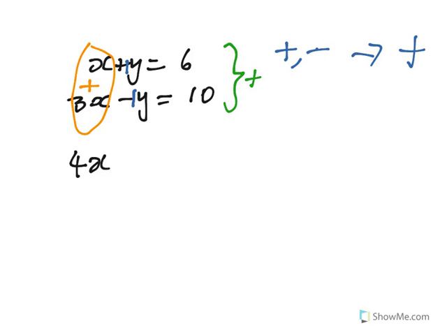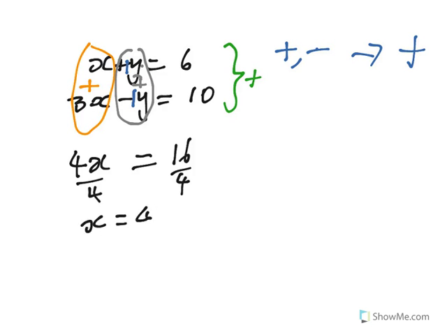Then this is where the elimination bit goes. When I add those, I've got plus 1y plus negative 1y, and a plus and a minus together is zero, so the y is gone, the y is eliminated. 6 plus 10 is 16, divide by 4, x equals 4.